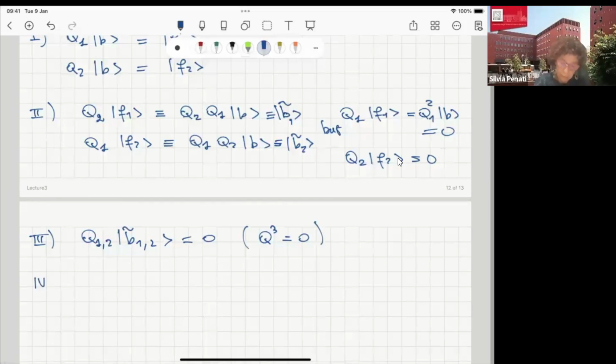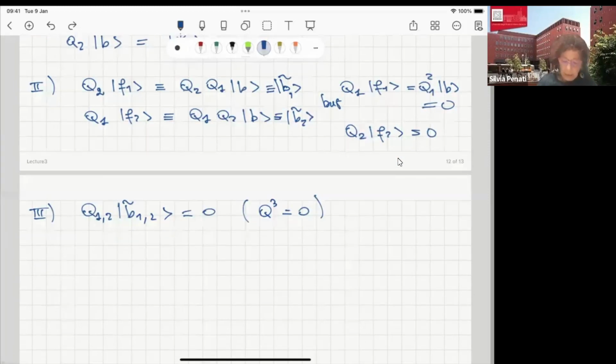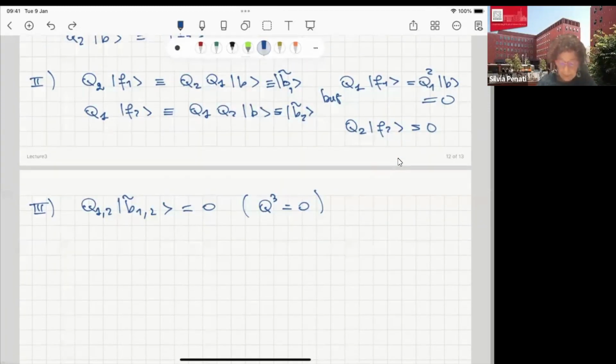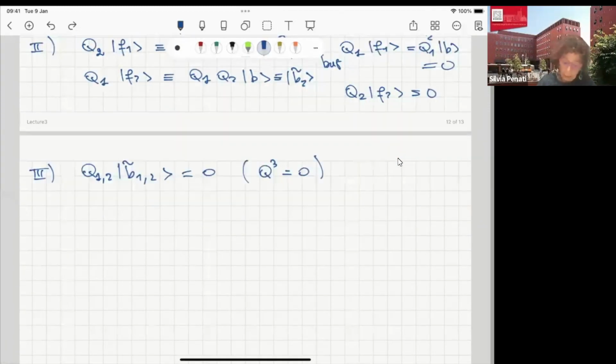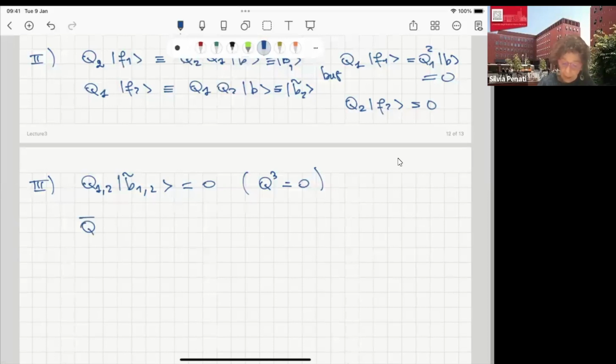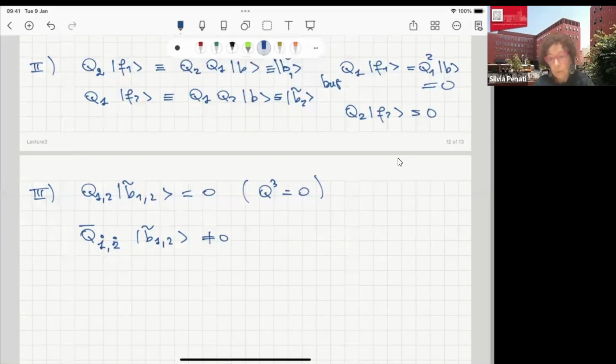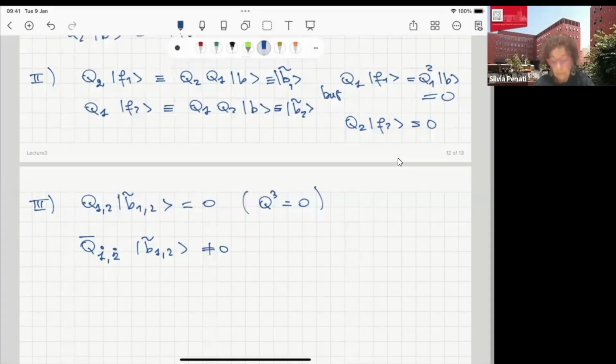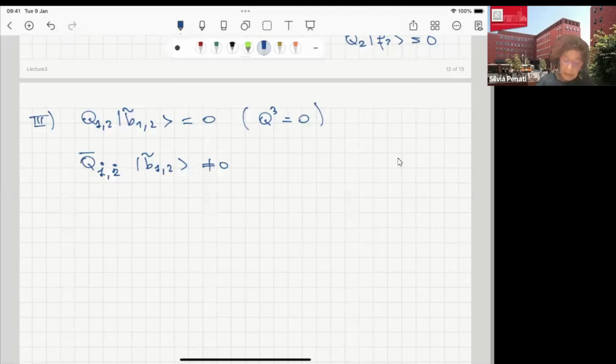However, let's consider step 3. What I can do at this point is to apply some Q bar. I could apply Q bar 1 dot or Q bar 2 dot to B tilde 1 or 2. And this is in fact something that I can do. This is not 0. Then I can certainly go higher one step.